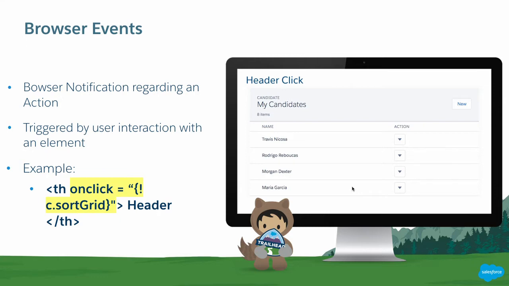Whenever the user clicks on the header in our list view, we invoke that sortGrid action in yellow there on our parent's controller, to use JavaScript to sort our grid, to sort our list of child components inside our parent. So browser events are pretty trivial, and I'm not going to spend a lot of time on that.